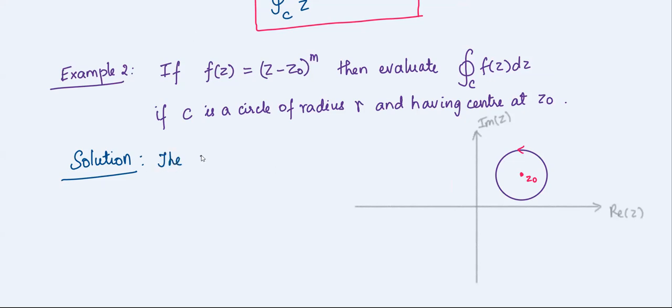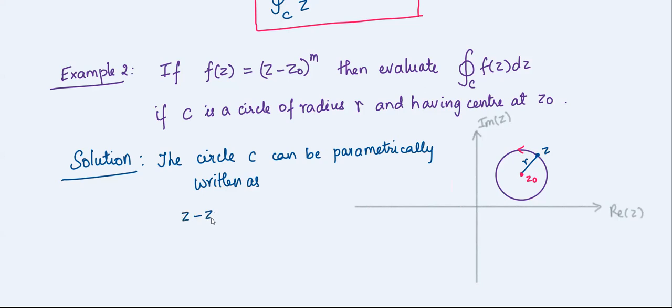The circle C can be parametrically written as, how can we write? Now, the distance from this is R. Z is any point here. So, Z minus Z naught is R e power it. This will be the path.